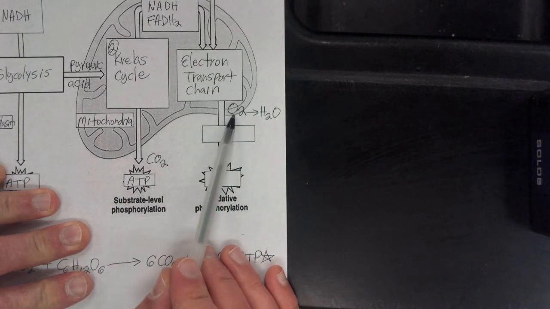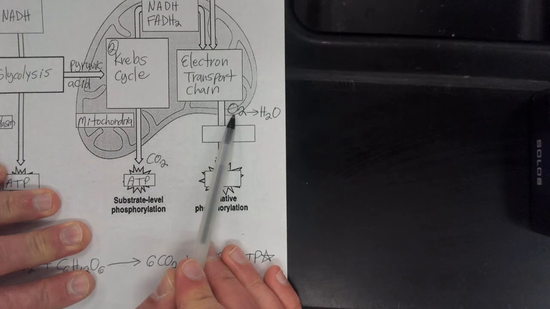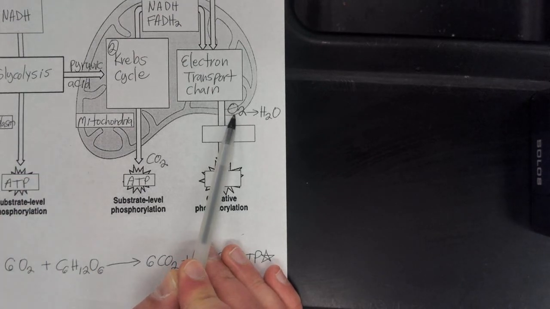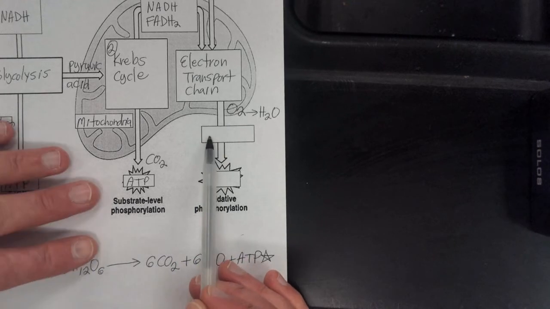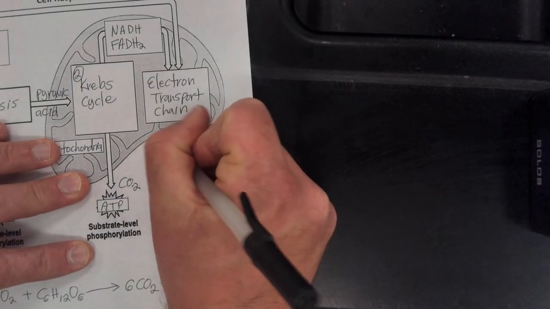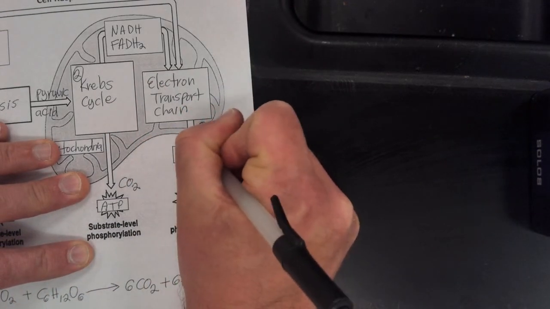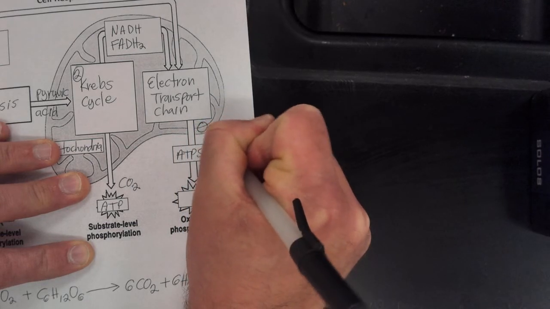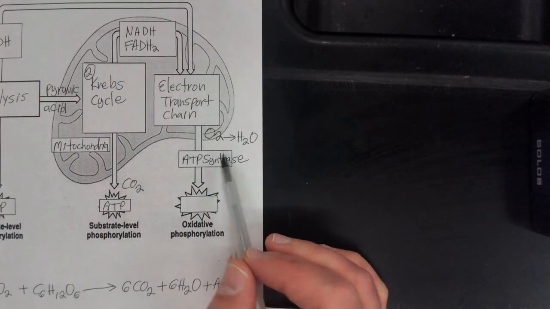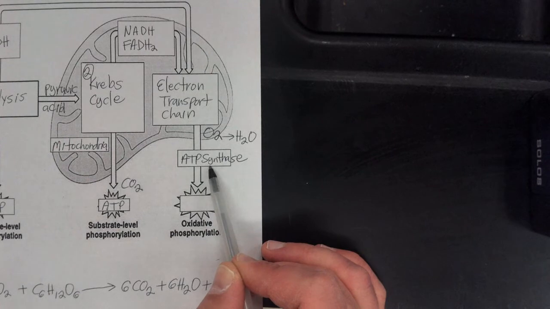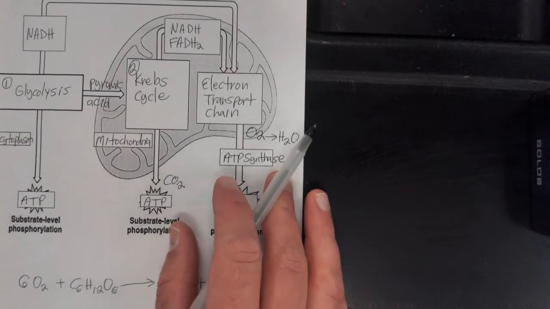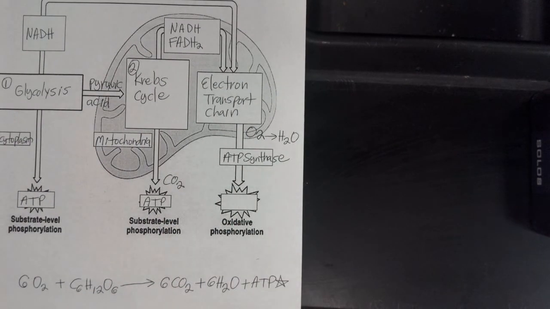Okay, remember that hydrogen concentration gradient's being formed. This is going to create the potential energy needed for ATP synthase, which, as its name suggests, is an enzyme that builds ATP. Remember, guys, the whole thing here is that it takes energy to build molecules. Okay?